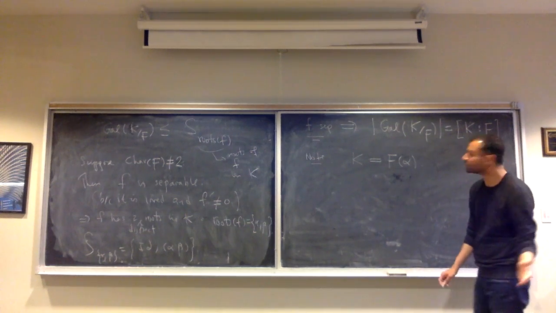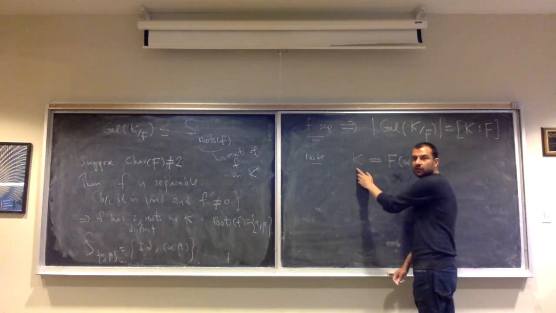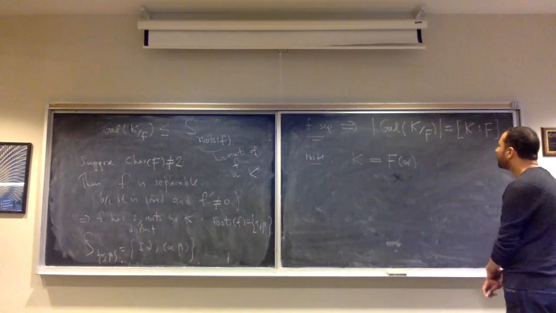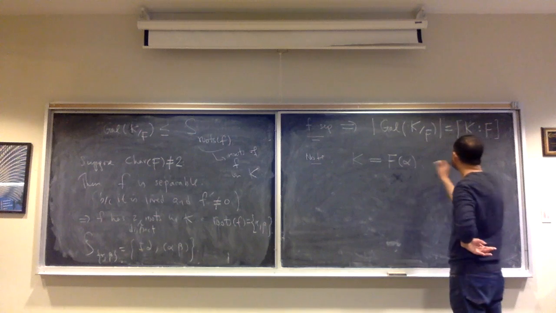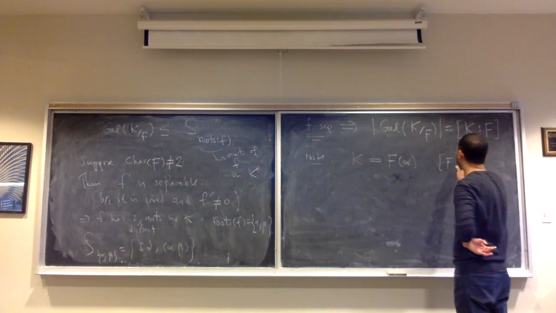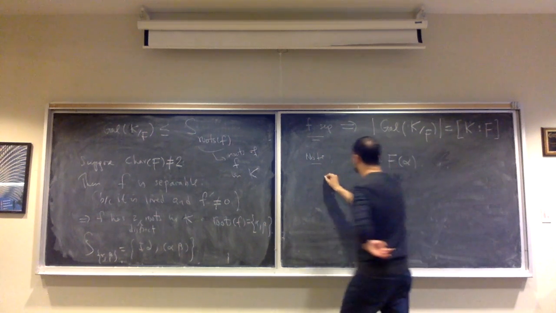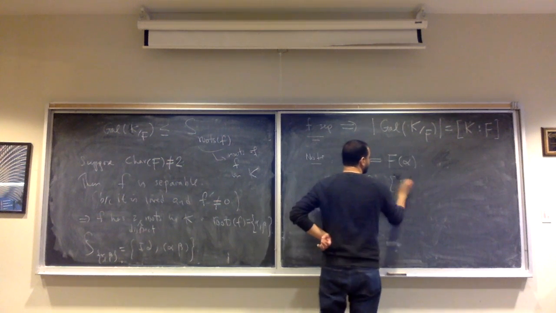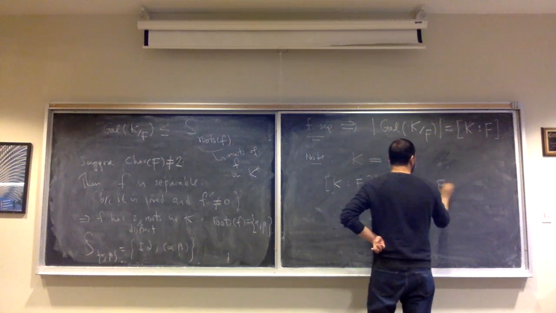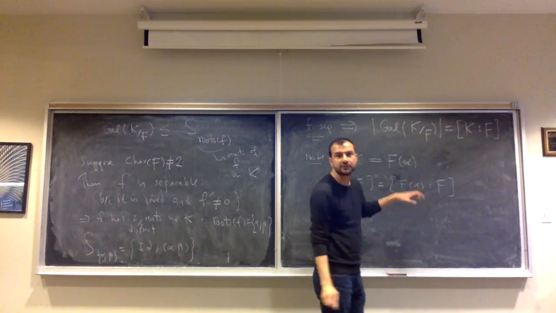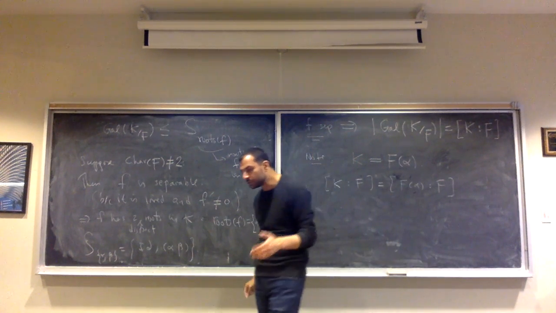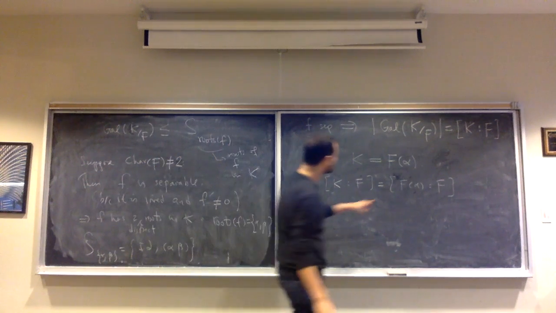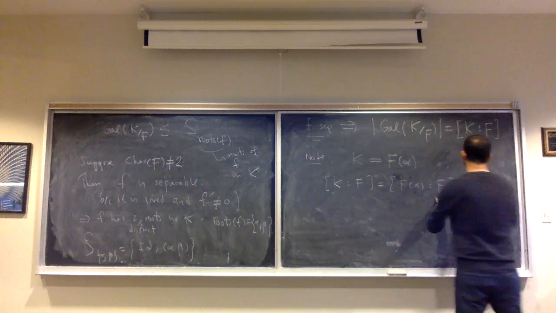Because f is not allowed to split over any smaller subfield of K. Well, so K is equal to F(alpha), and then what's the degree of F(alpha)? So the degree of K over F, well, that's the degree of F(alpha) over F. Well, alpha is a root of an irreducible polynomial of degree 2. So this degree is 2.